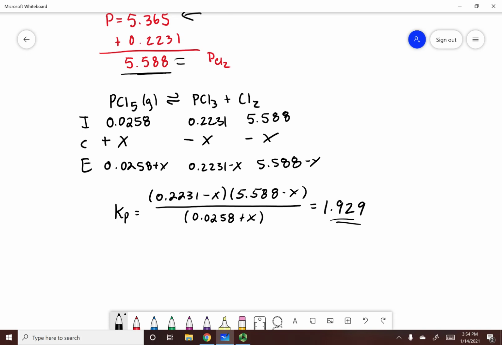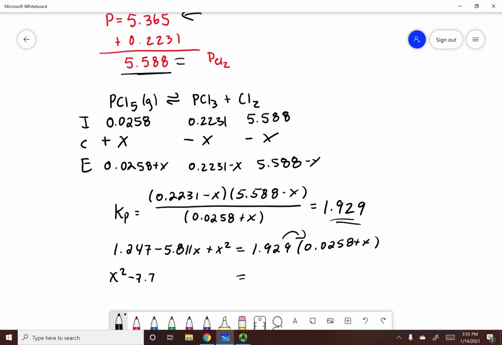So the next thing I can do is I can go ahead and FOIL the top of my fraction. And I can go ahead and also multiply both sides by the bottom of that fraction. Now what I can do is I can go ahead and distribute this, and I can combine like terms to get my polynomial. The polynomial that you should get is x squared minus 7.74x plus 1.1972, and this all equals 0.